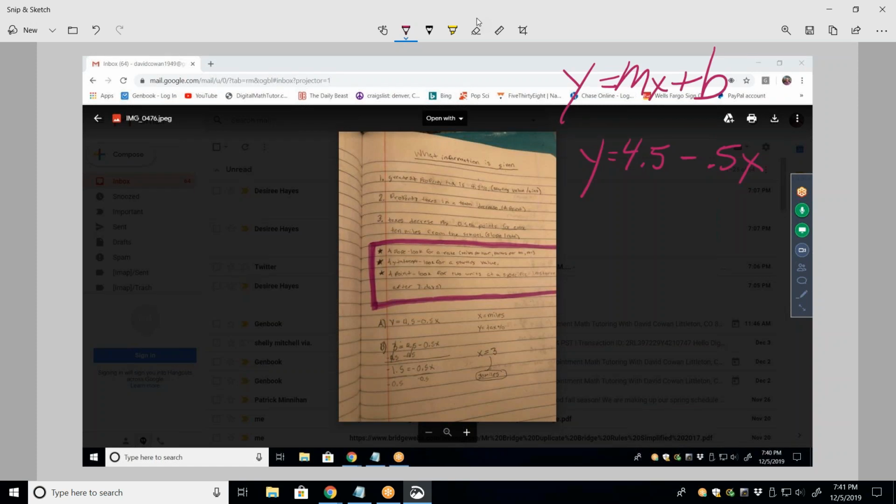Remember that you can always reverse stuff. By reversing it, I mean, let's put the x part first, and then let's put the y-intercept second. You see where those two are the same things? What's the slope?